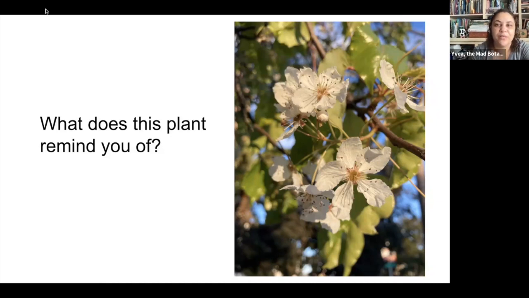And now we can spend an extra minute adding any words, describing words, labels, questions it reminds me of, observations and numbers, any of those to our pictures.